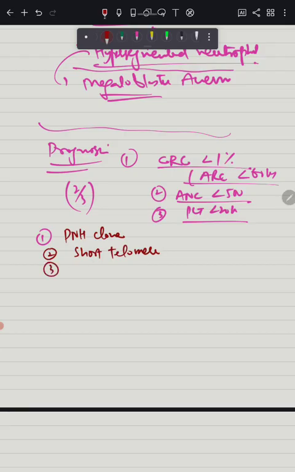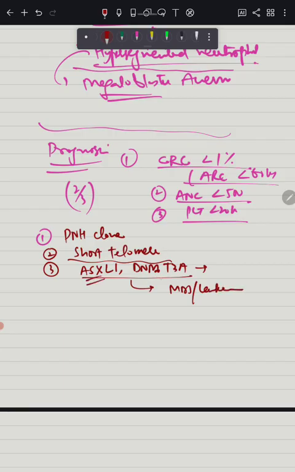Inherited syndromes have short telomeres, short DNA, and they carry a poor prognosis. Third is somatic mutations, for example ASXL1, DNMT3A. These are linked with progression. Why are these poor prognostic factors? Because these are linked with progression to MDS or leukemia.